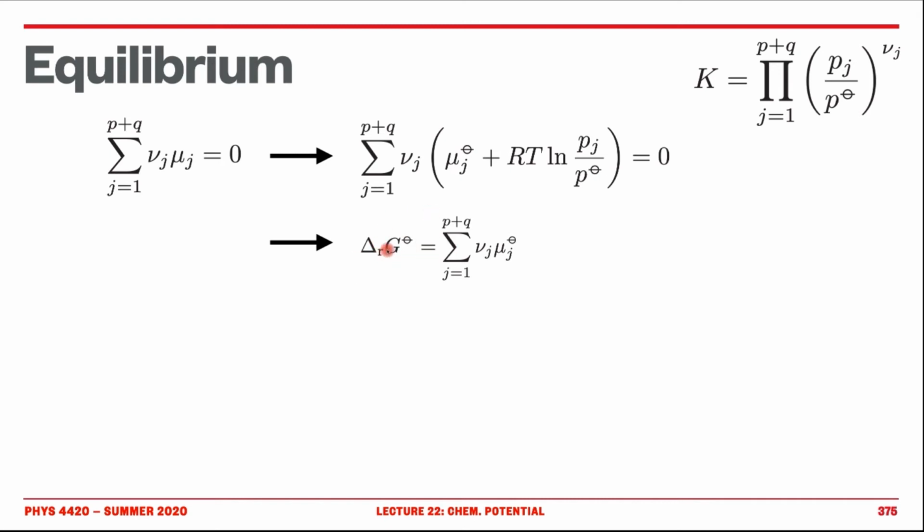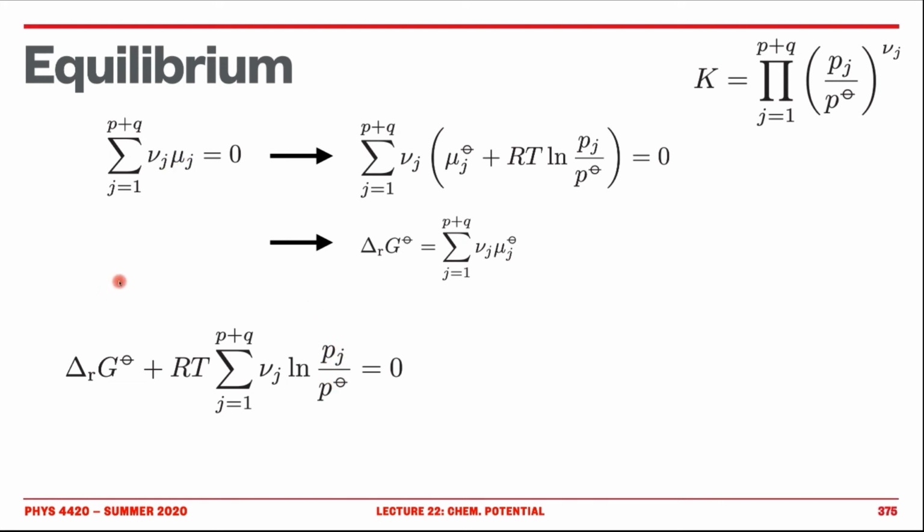So the molar change in Gibbs function, the standard one, is just obtained by using the standard chemical potential. That's actually a fairly straightforward definition. That allows me to simplify this a bit, replacing this term by this term. So I end up with this term plus whatever is left on the other side right here. That's going to be equal to 0 at equilibrium. So this equation is just this equation here where we replaced the chemical potential.